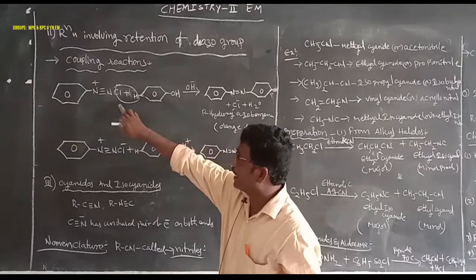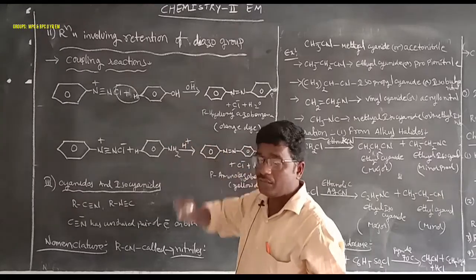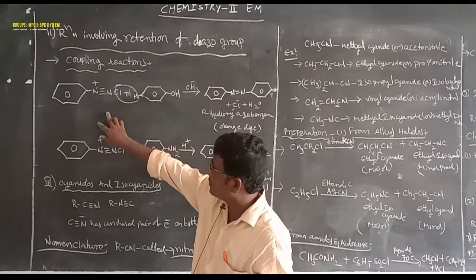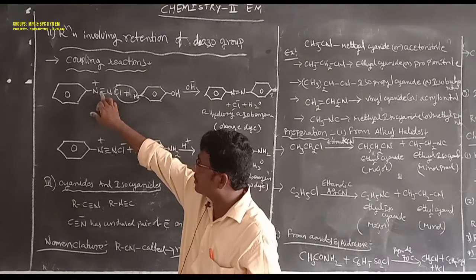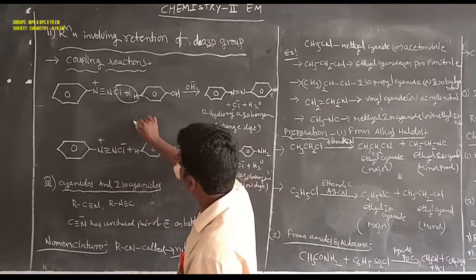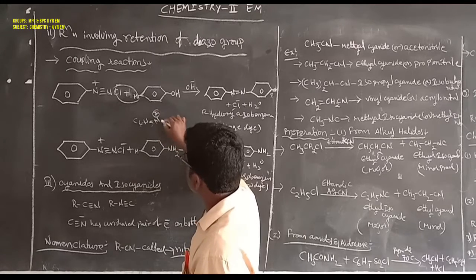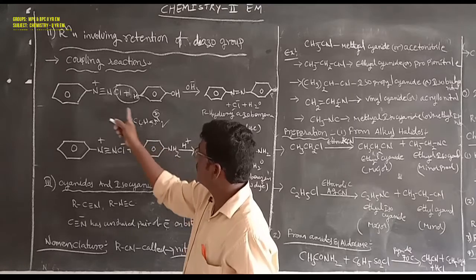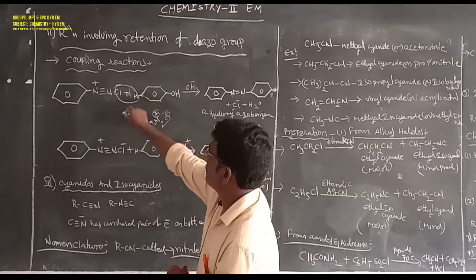Benzene diazonium chloride is treated with phenol. In this reaction, the diazonium salt is written as C6H5 N2+, that is benzene bonded to N triple bond N, with Cl minus ion.